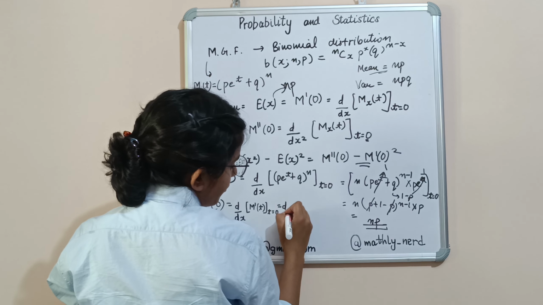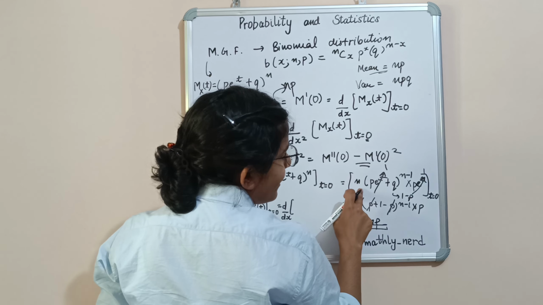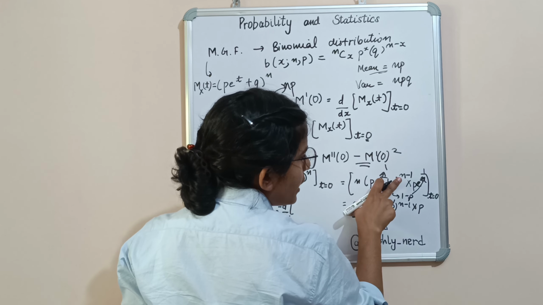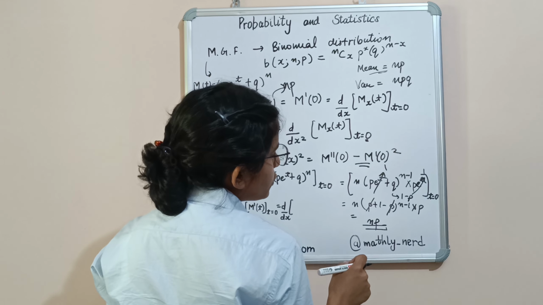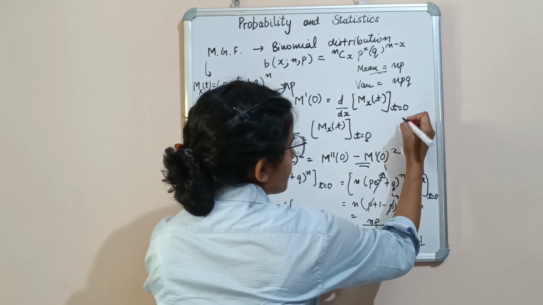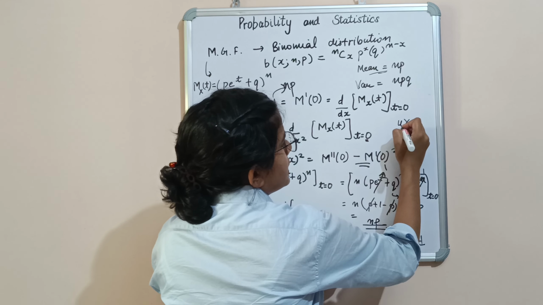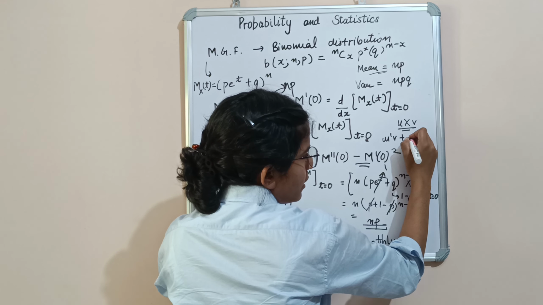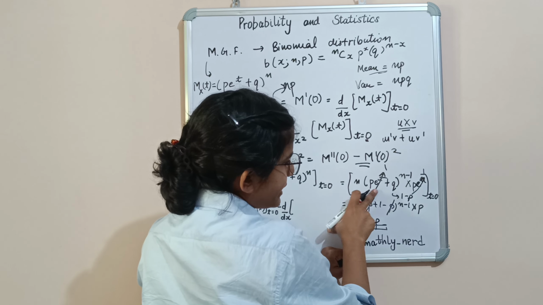Our first derivative was n times (pe^t + q)^(n-1) into pe^t. So as we know, by the product rule, for u into v, the derivative will be u dash v plus u v dash. So first we will differentiate this part.